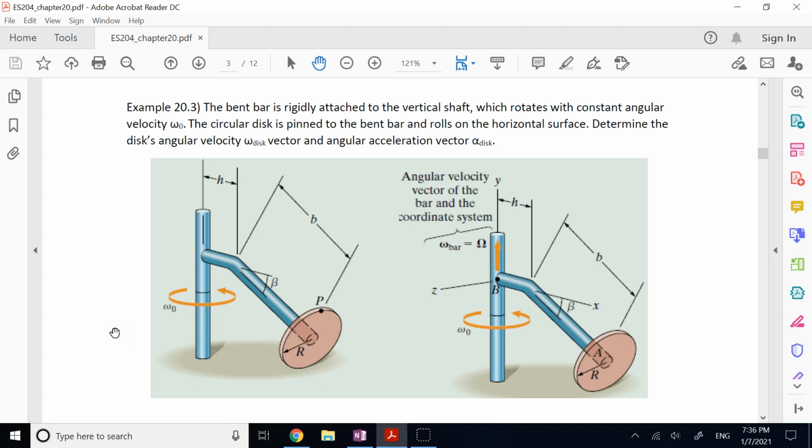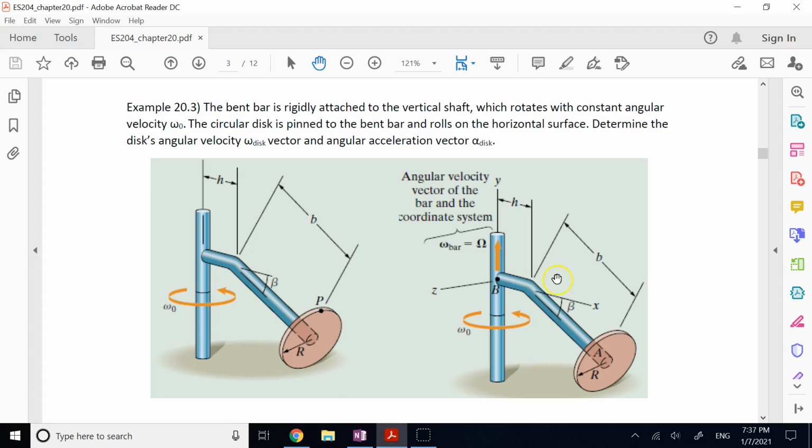Okay, and here the problem is giving you some coordinate frame to use. So the problem says, at this moment, consider your secondary frame origin to be at this fixed point B, with x-axis along this portion of the bent bar, z to be perpendicular to that, and y to be upward.